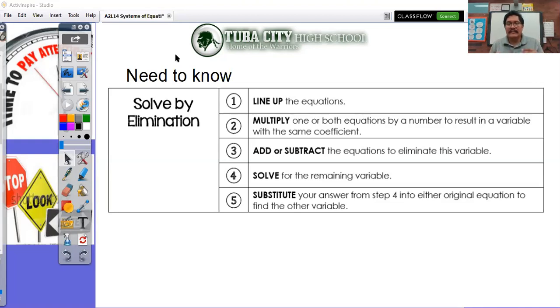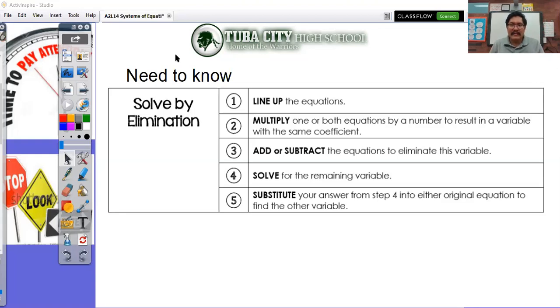So like let's say x equals y plus b, or c. Then the other one has to be that exact same order, x equals y plus b, or whatever you have. They just have to match. Every single term needs to be in the same spot as the other one. Anyway, that's the first part, line them up.